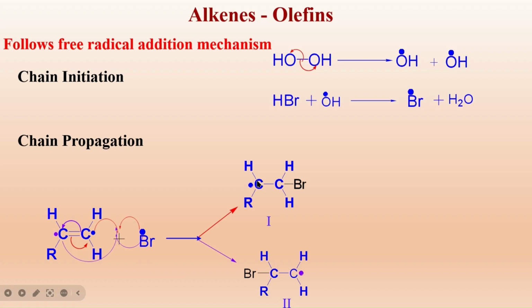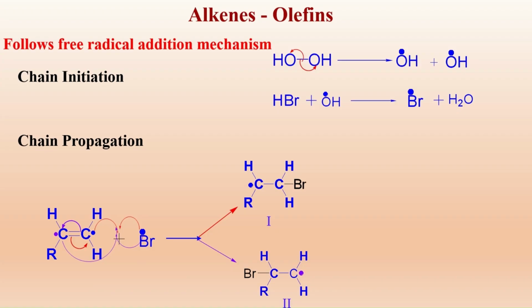This carbon radical is combined with two carbon groups. And in this case, it has given a primary free radical. This carbon radical is attached to only a single carbon, that's why it is a primary free radical.